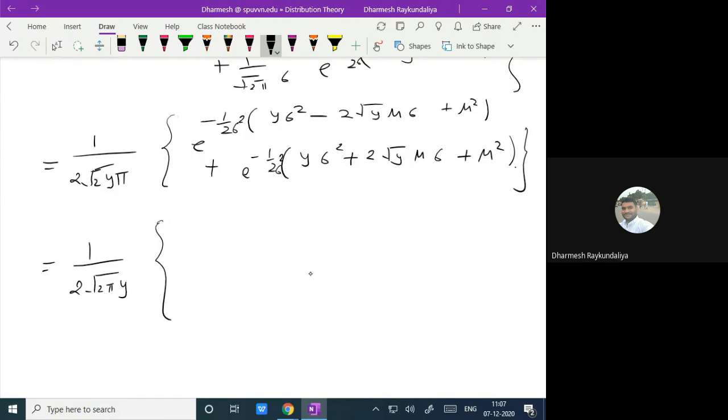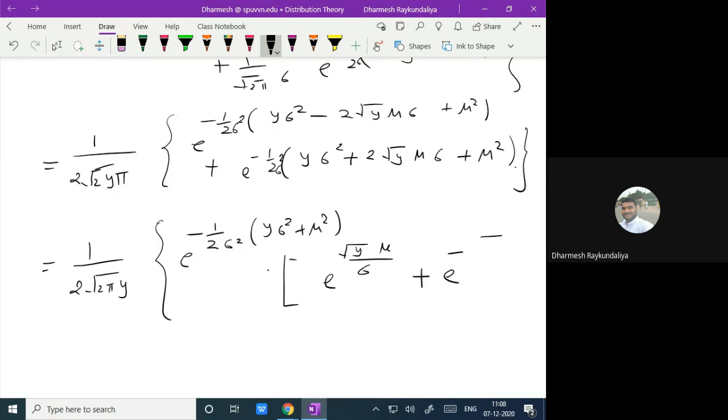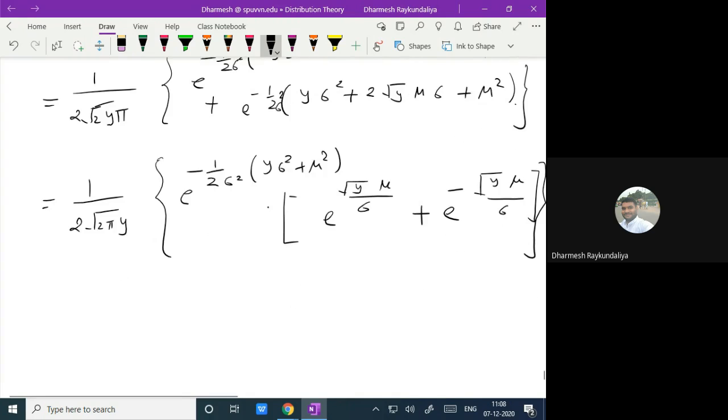So here it is also common, so I can write it in this way, minus 1 upon 2 sigma square (y sigma square plus mu square), and in the bracket I can write e raised to root y mu upon sigma plus e raised to minus root y mu upon sigma, since the 2 cancels out and sigma cancels out. So this is what we have.